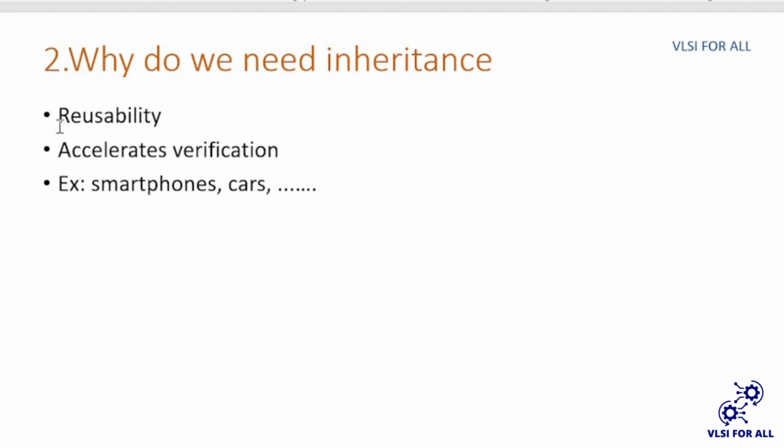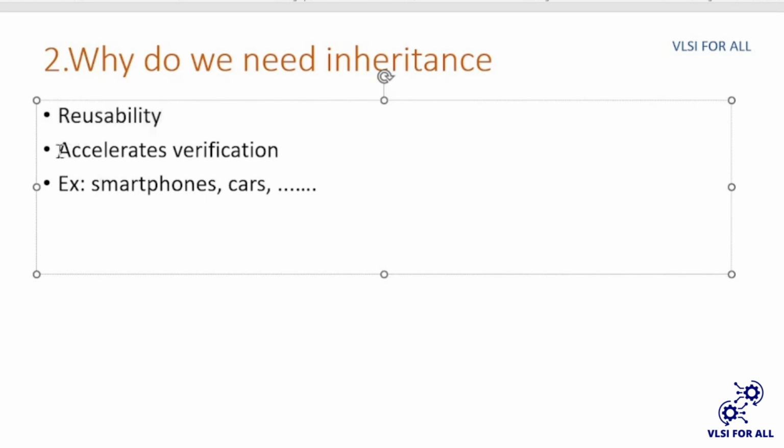So inheritance does nothing to the existing system. For whatever extra properties come, we only have to verify those. That means we are reusing the existing system, so the reusability property came.